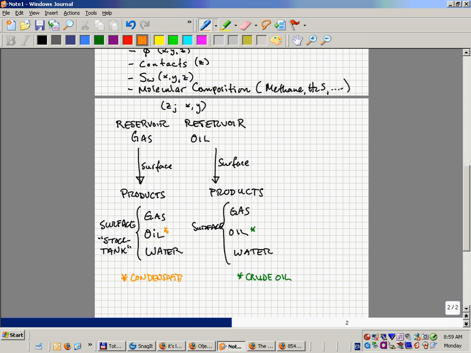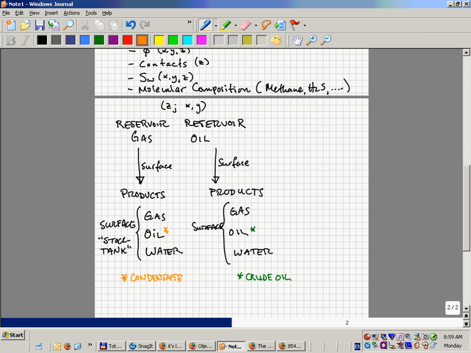And in the same sentence, you get the term oil being used for two totally different things. The reservoir oil will produce both surface gas and surface oil. Likewise, the reservoir gas will produce surface oil and surface gas. Okay? So we have this naming problem.